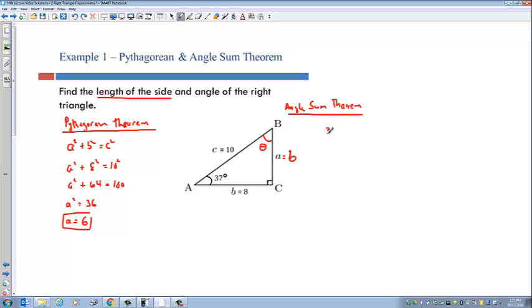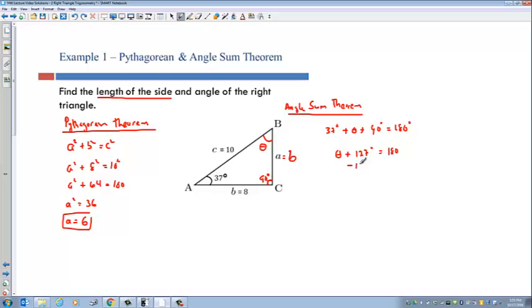So if you take 37 degrees plus theta plus, remember this is a 90-degree angle down here, so that's what this little L means. And so plus 90 degrees, this should be equal to 180 degrees. And so we know theta plus, and then 90 plus 37 is 127 degrees is equal to 180.